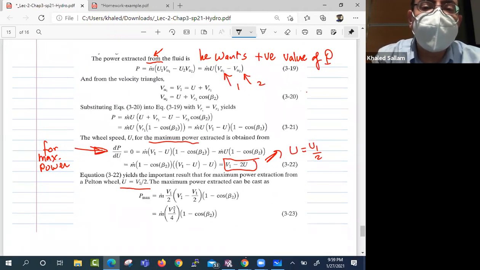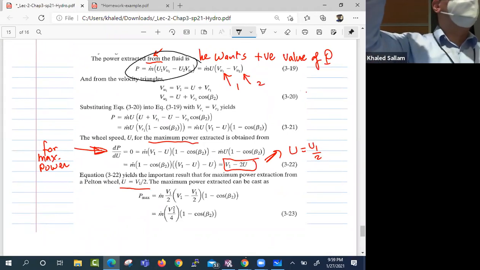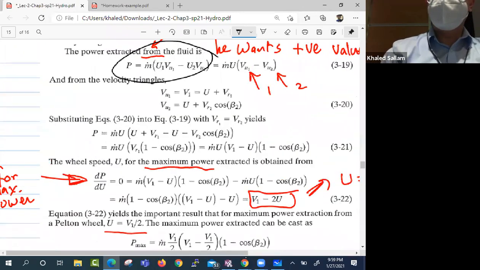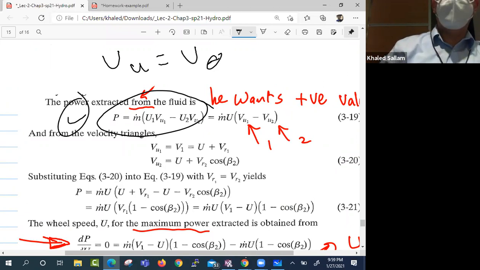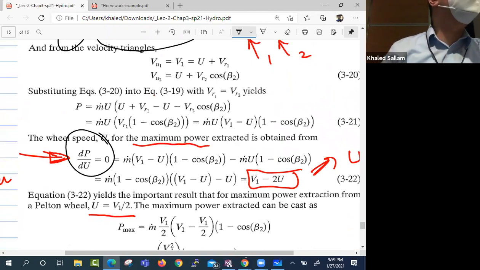So he starts with that equation, the equation for all turbo machines. Power is m dot times (U2 V theta 2 minus U1 V theta 1), right? Except that he called it VU instead of V theta. But this equation is what we know. And then he tried to figure out what is the maximum power by differentiating the power.